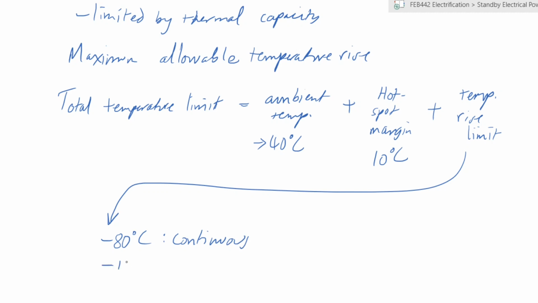For prime operation, it can be higher than that, 125 to 150 for prime. And you can have 130 to 150 degrees for standby operation. Meaning that you are able to intermittently operate the machine and it can reach much higher temperatures if it is given an allowance to cool itself down.